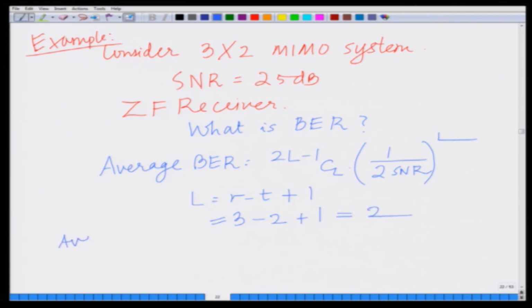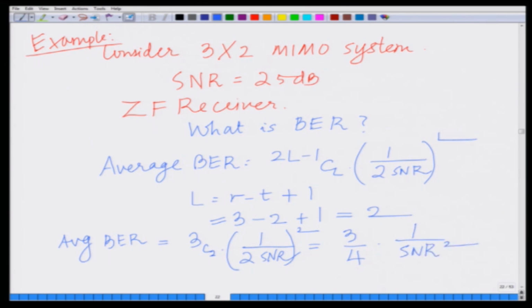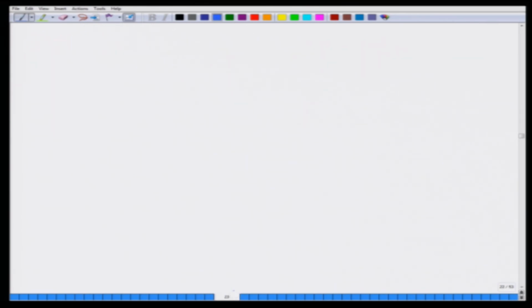Therefore, the average bit error rate equals 3 choose 2 times 1 over 2 SNR raised to the power of 2, that is 3 by 4 times 1 over SNR square. Now, what is SNR?